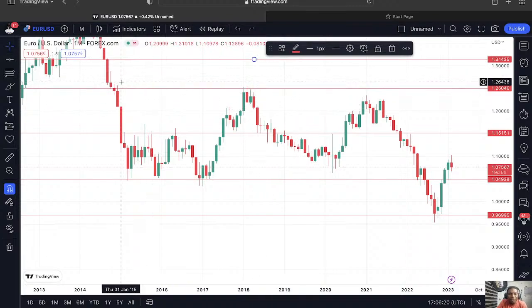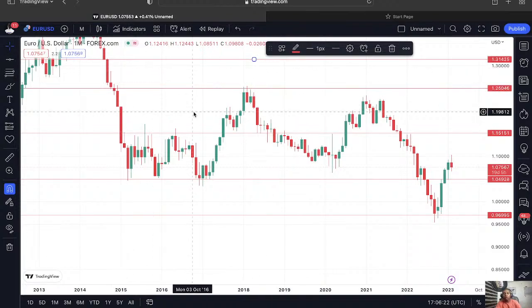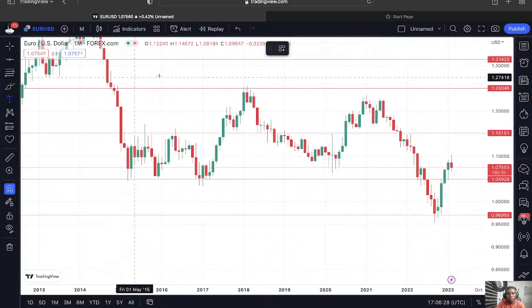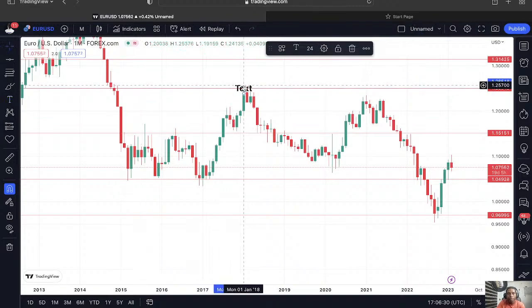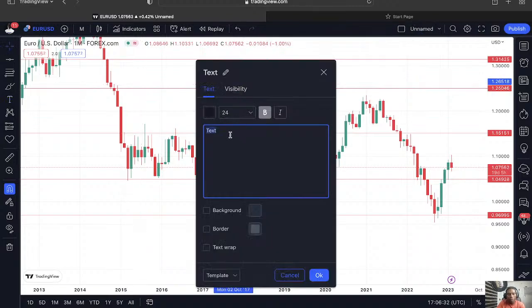So let's identify where these zones are on our chart. Here is, let's say, the resistance zone.